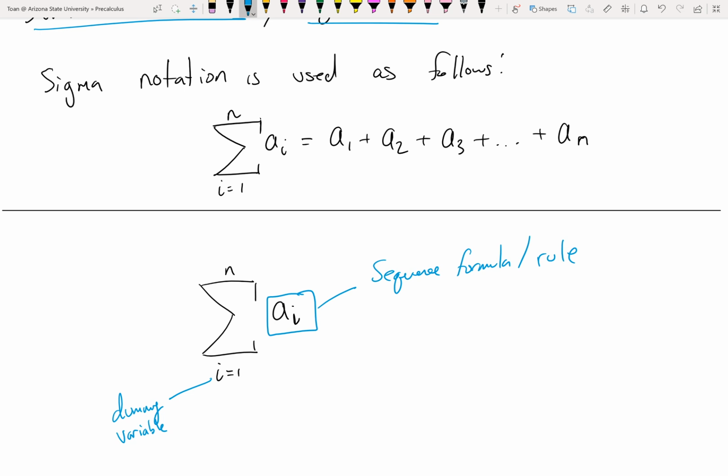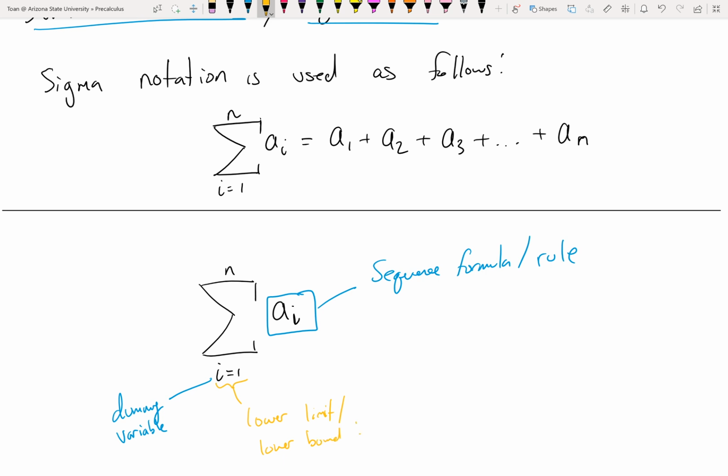So if my sequence uses, I don't know, x's, and then this little thing on the bottom of the sigma here is a y, then they won't play with each other. They won't recognize each other. They won't interact or speak to each other. The entire bottom portion is called the lower limit. It's also called the lower bound.